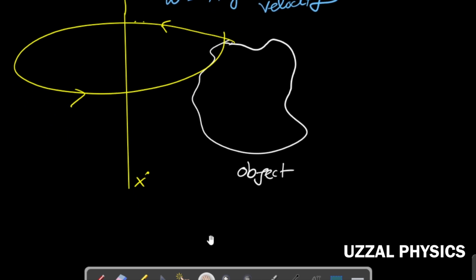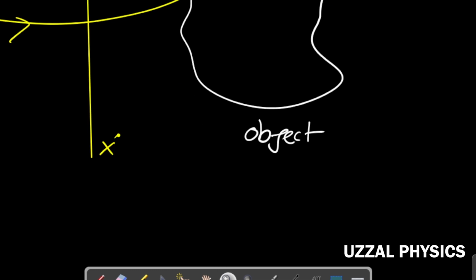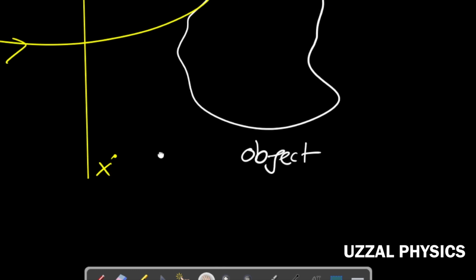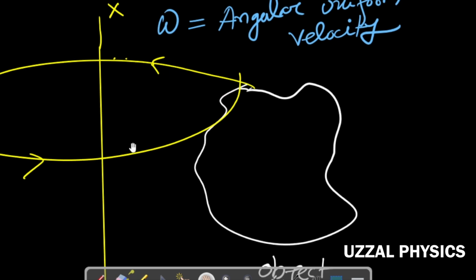As we know, every object is made of particles. We can assume that this object is made of a large number of particles. Suppose, at first, as we know the equation for the moment of inertia of a particle, we point out some of the masses of this object.